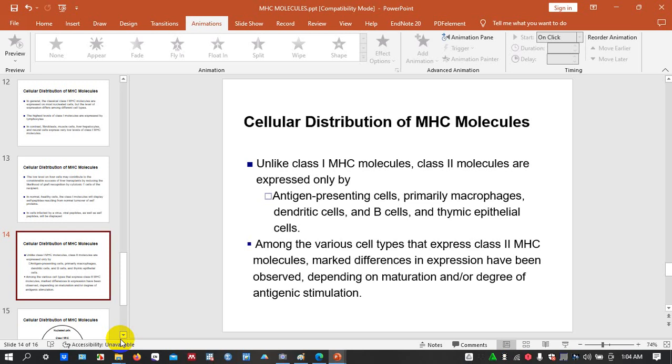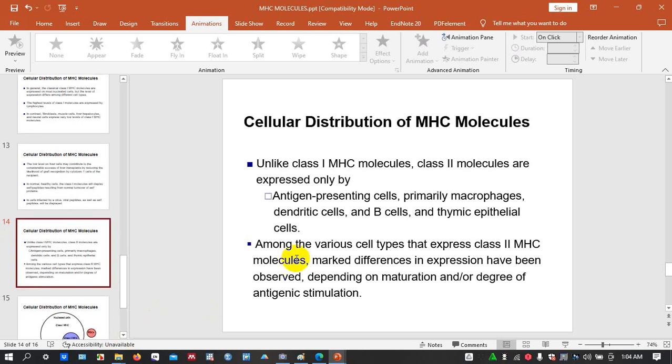The T helper cells producing cytokines. Note also that MHC class 2 molecules mediate the production of cytokines by T helper cells to destroy the antigens.